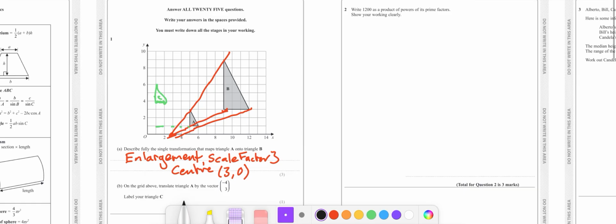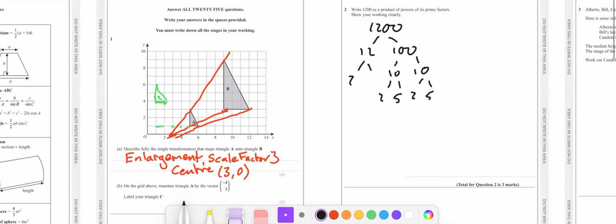Write 1,200 as a product of prime factors. Show your working clearly. So I like this method. 12 and 100, 10 and 10, 2 and 5, 2 and 5, and this becomes 2 and 6, and 2 and 3, and these are all then prime numbers.